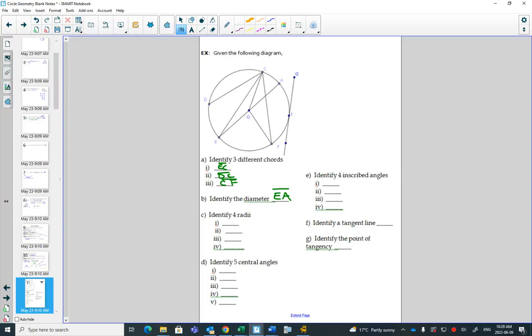For inscribed angles, we go angle symbol DCE, angle symbol DCF, angle symbol ECF, and angle symbol CEA.